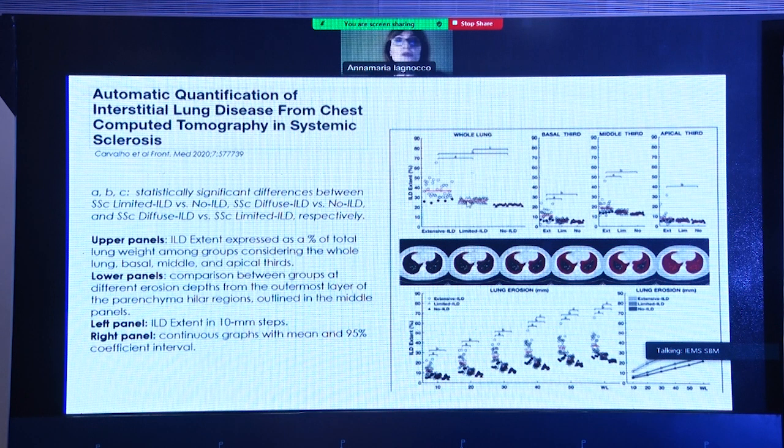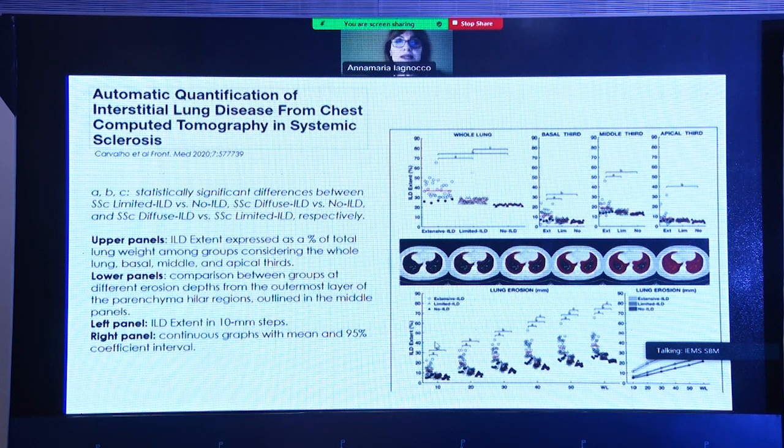Sclerosis versus non-interstitial lung disease, but also between diffuse interstitial lung disease and no interstitial lung disease, as well as diffuse and limited form, respectively. And this was present in the different thirds of the lung that were evaluated, the basal, the middle, and the apical third.